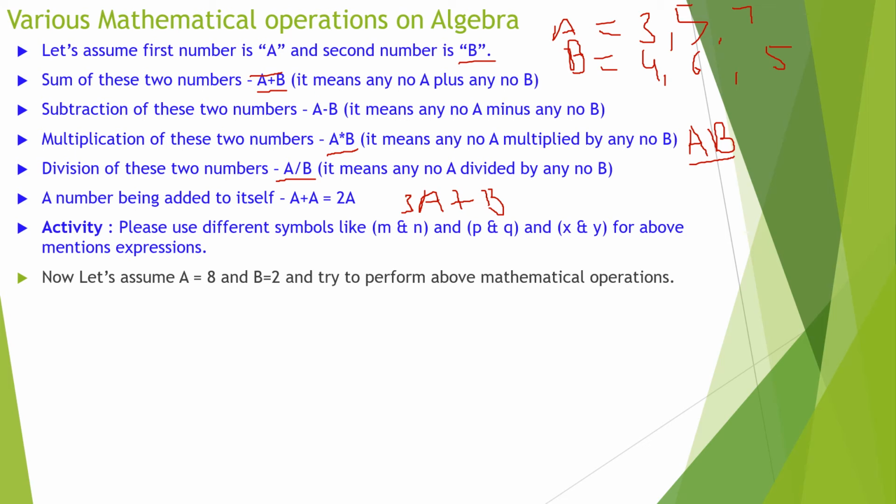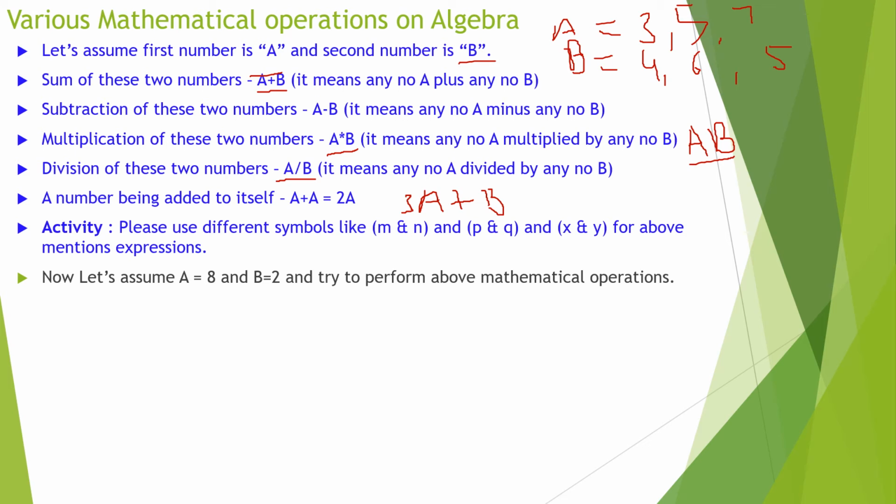Now let's assume we have the value A equal to 8 and B equal to 2. We'll put these numeric values in place of the variables in these algebraic expressions and try to find the answer. A plus B: instead of A we put 8, instead of B we put 2, so 8 plus 2 equals 10.